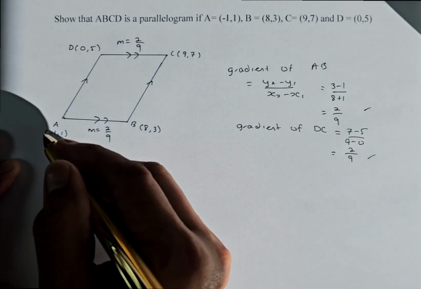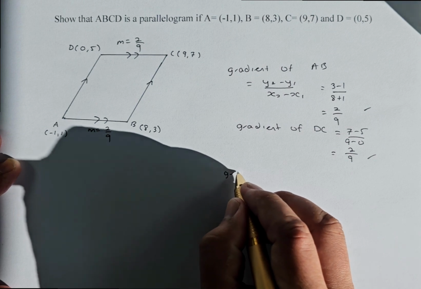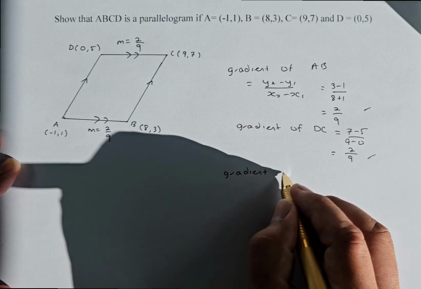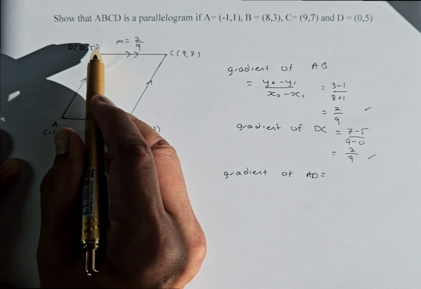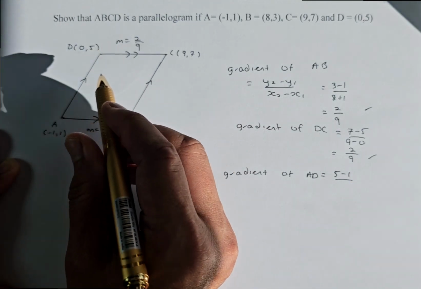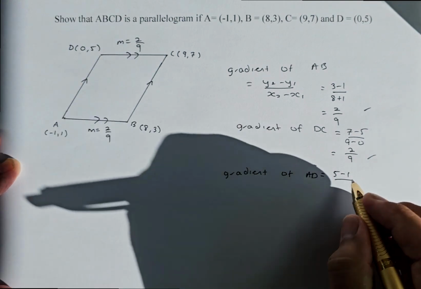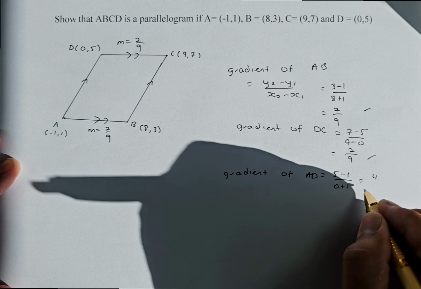And now we need to calculate the gradient of AD and BC. Again, the gradient of AD is y2 minus y1. So we take the bigger number: 5 minus 1, and the other one is 0 minus -1, which is 0 plus 1. So 5 minus 1 is 4, and 0 plus 1 is 1.